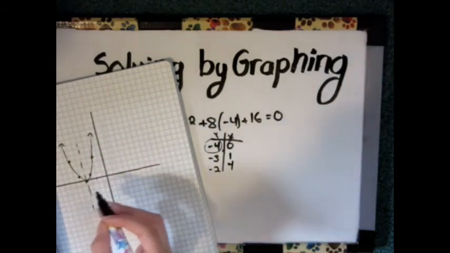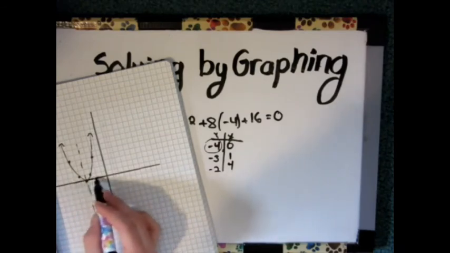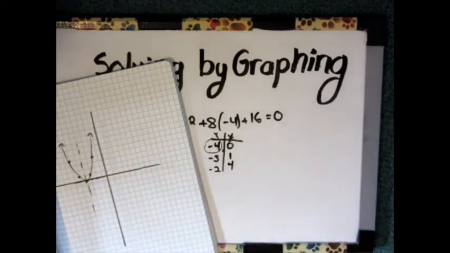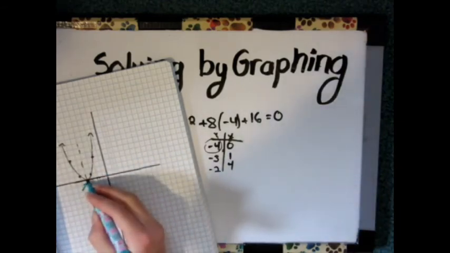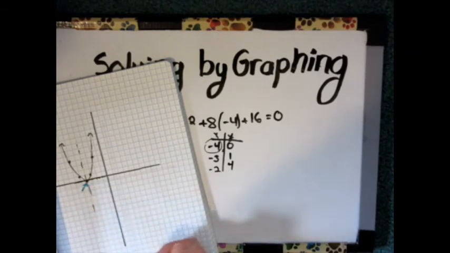Alright. So where it crosses the x-axis is where the points you're solving for are. So this is your solving. There's the points you're solving for.